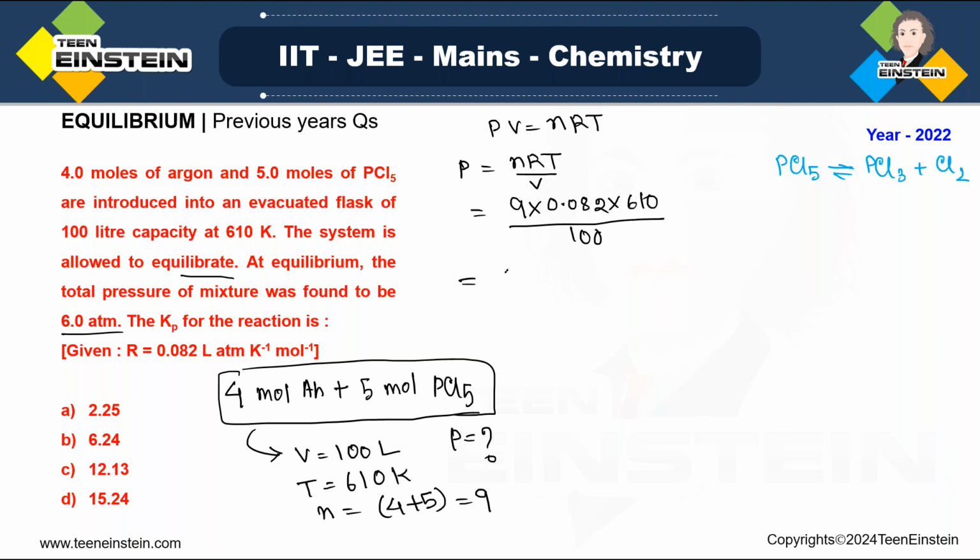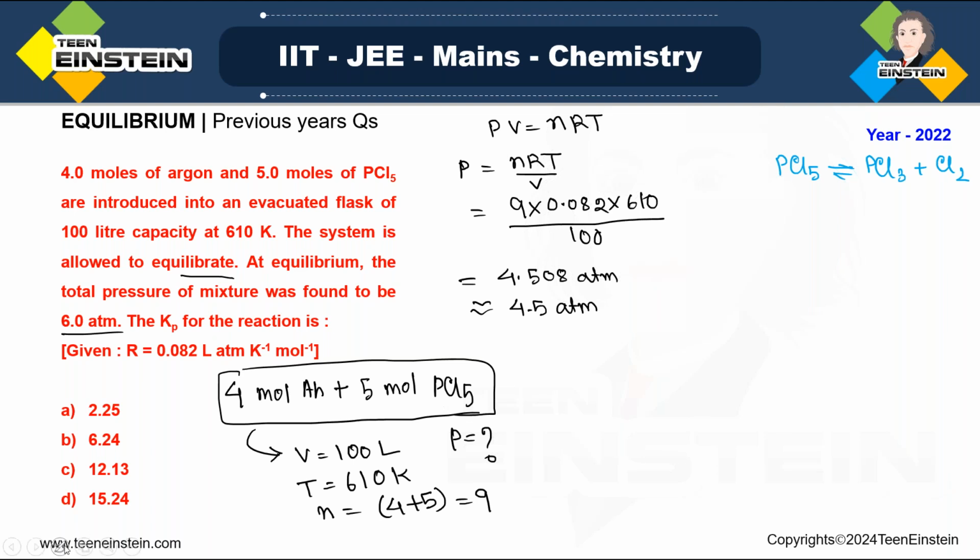If you do this calculation, you will find the value is actually 4.508 atm, but you can express it like this. So this is the value of P, but after reaction it is changing. It is becoming 6 atmosphere. So there is some difference. It is not the same as this P, and that is expected, because from 1 mole of PCl5 you are getting 2 moles of new gas, PCl3 and chlorine. So that is why pressure will increase.